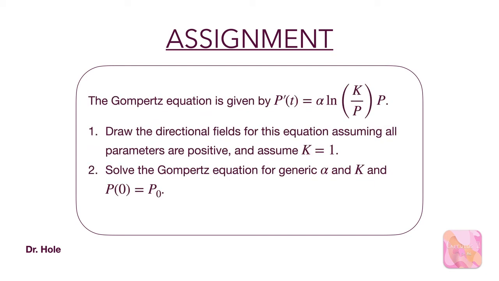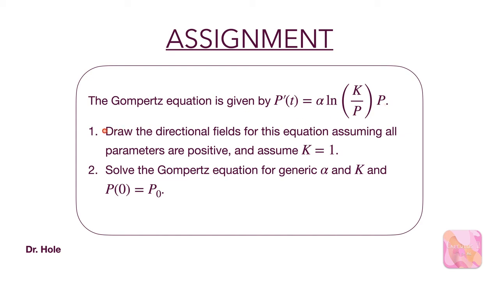A fun assignment is to go back and look at our derivation of the particular solution for the logistic equation. Follow it to come up with a solution to the Gompertz equation, which is that the rate of change of a population is equal to a constant alpha times the natural log of the carrying capacity over the population, product the population.